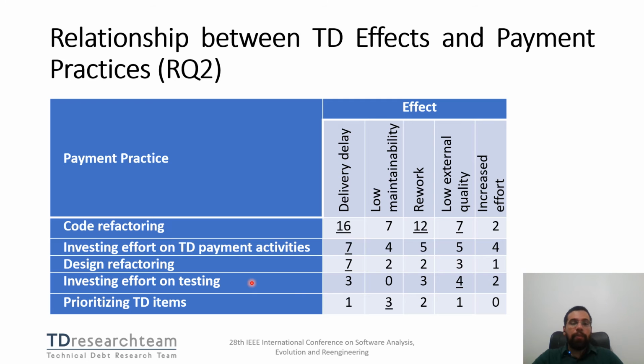The practice invest effort on testing was used when the project felt the effect low external quality. And the practice prioritizing the items was used when the project felt the effect low maintainability.